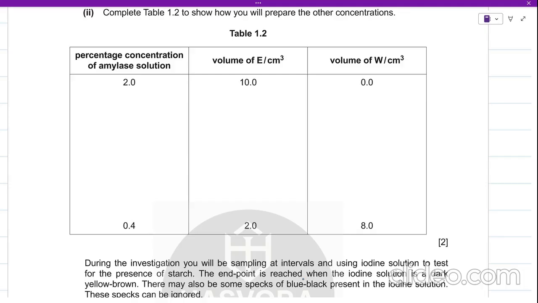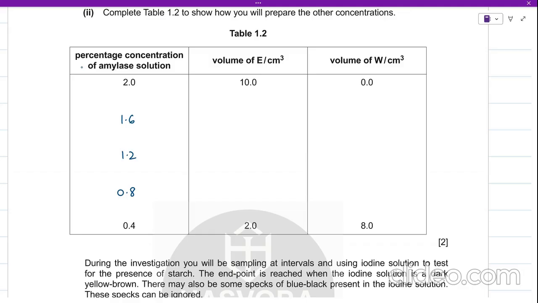As we are going to be making four concentrations, we can multiply 0.4 by 4, which comes out to be 1.6. Then the other one is going to be 1.2, and the other one 0.8. So we know that the gap will be 0.4%. This is how we deduce the gap between our concentrations.